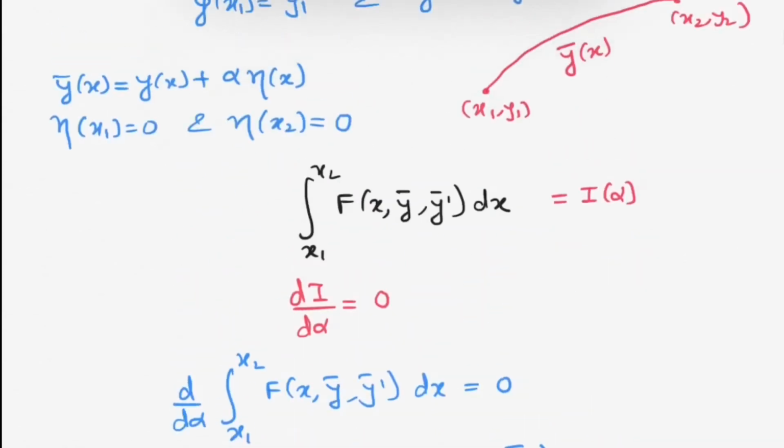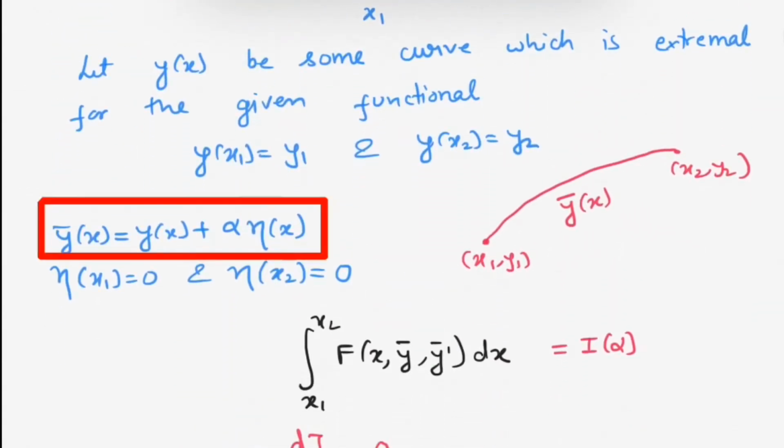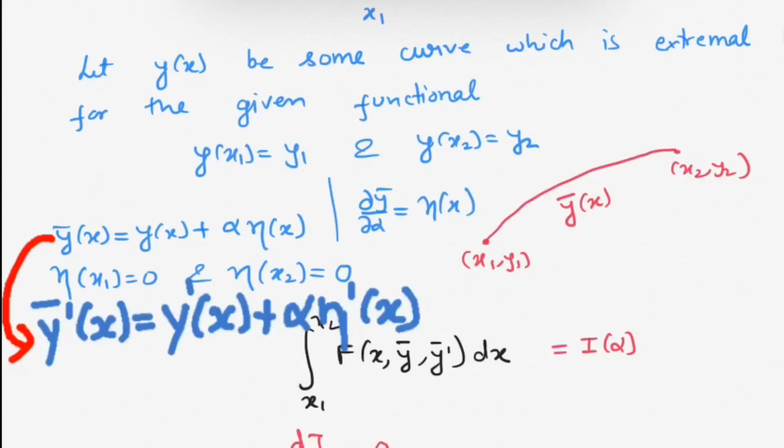Now let's put in the values of dy bar over d alpha and dy bar prime over d alpha. From this equation, dy bar over d alpha will be eta x. After differentiating this equation, dy bar prime over d alpha will be eta prime x.